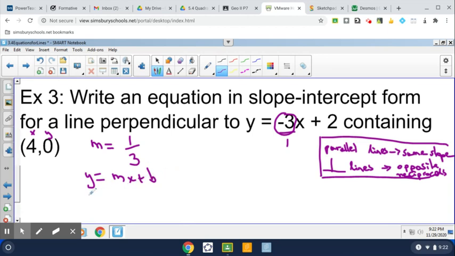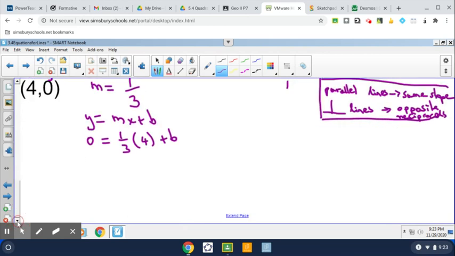So for y, you will put 0 equals 1/3 times x, which is 4, plus b. Now, if you finish this, you get 0 equals 1/3 times 4, which is 4/3, plus b. And to get b by itself, you subtract 4/3 from both sides.